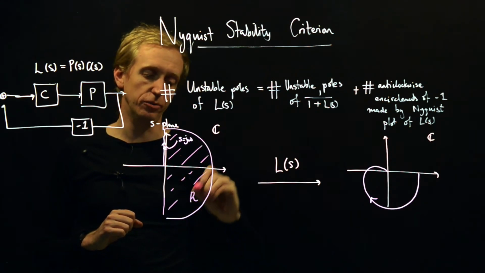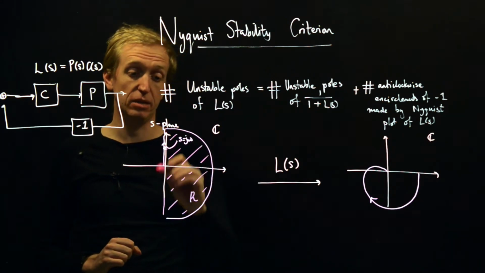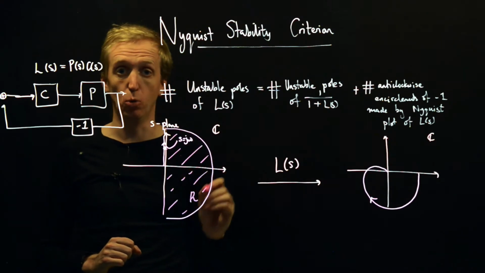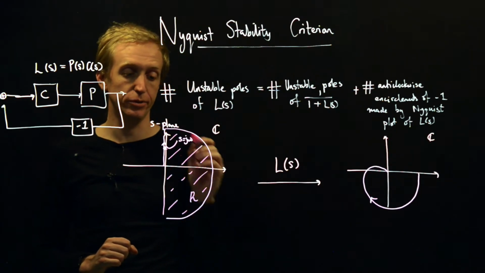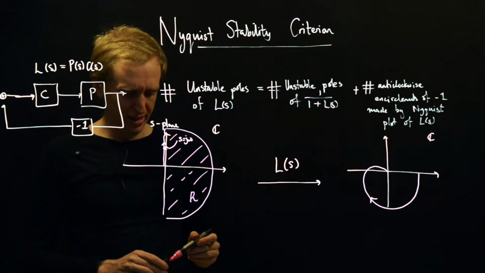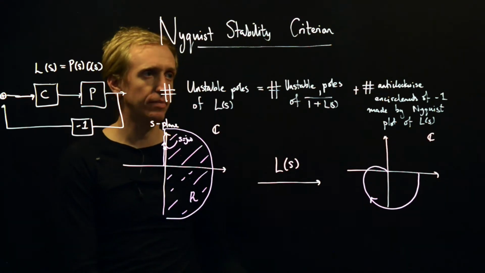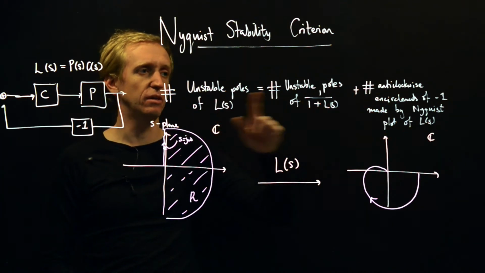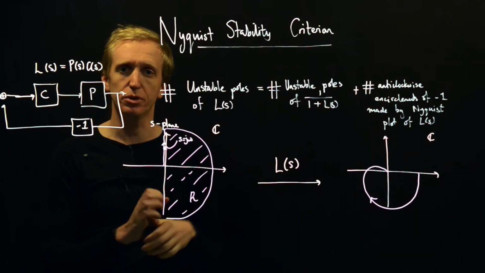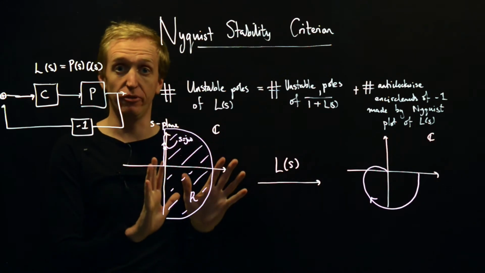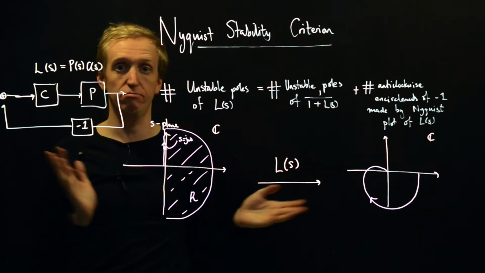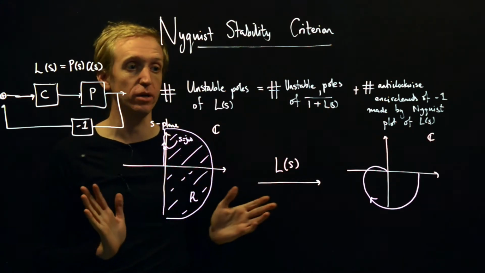And now we could use the argument principle to say something about poles and zeros in this region R. Does that mean that we're already doomed? After all, this is a statement about stable or unstable, so surely we would have to cover the whole of the right half plane. Otherwise, there's no way this is going to work.